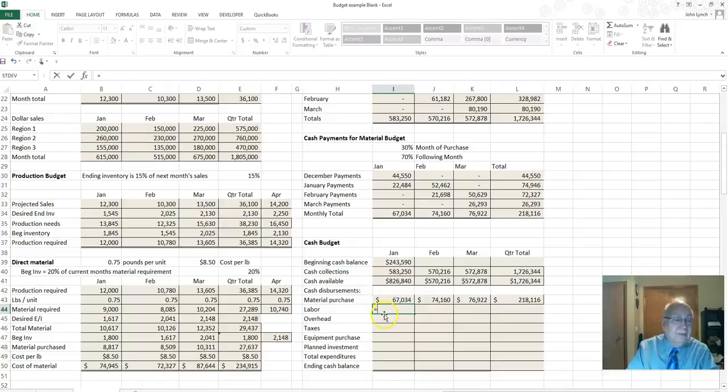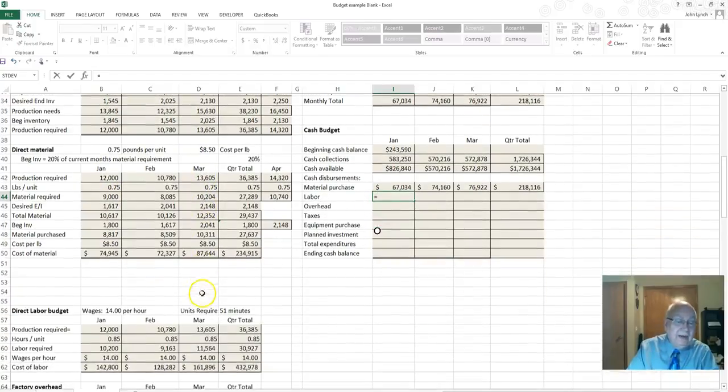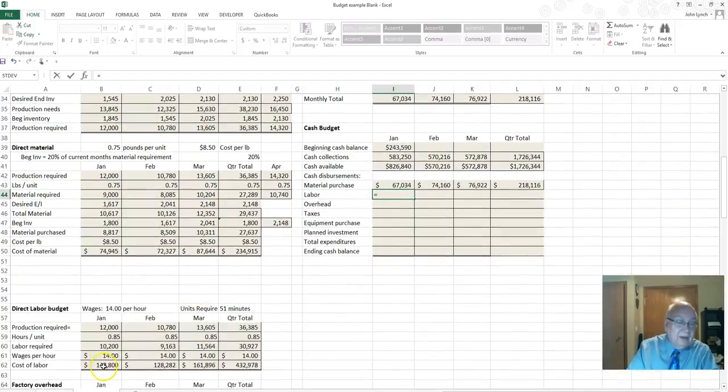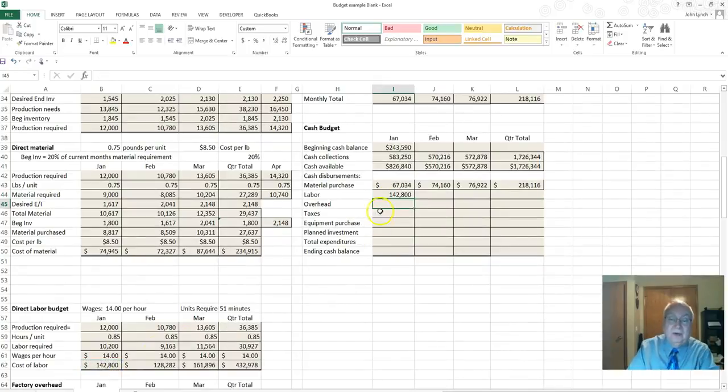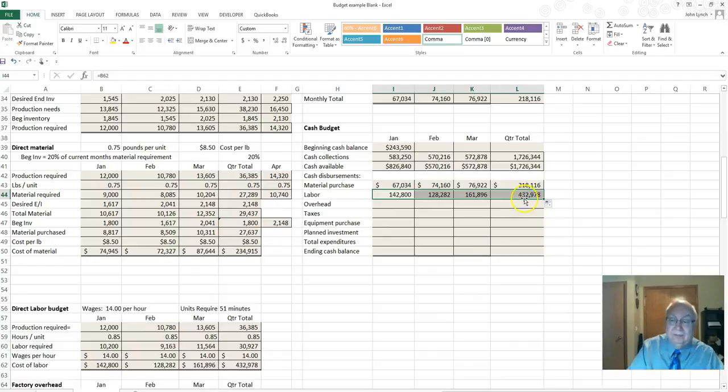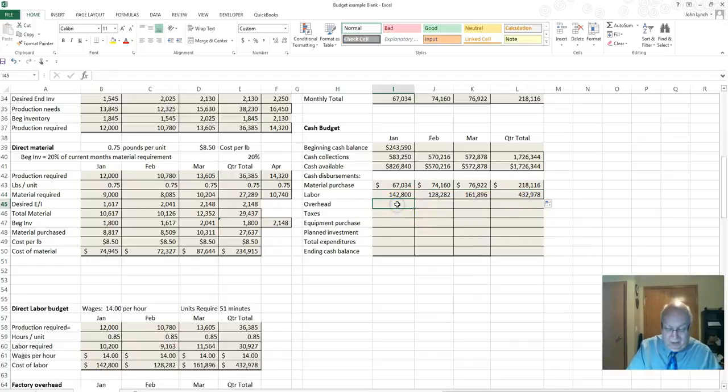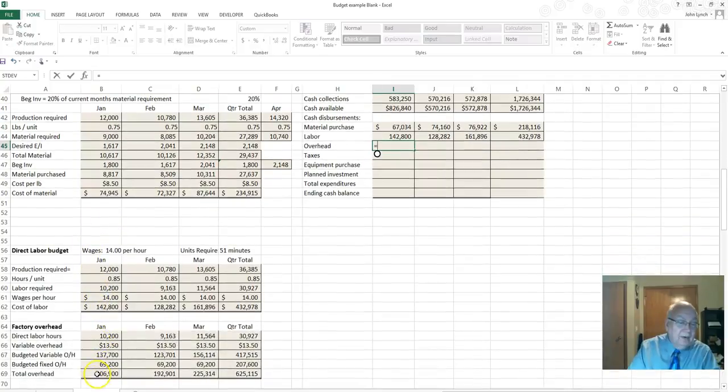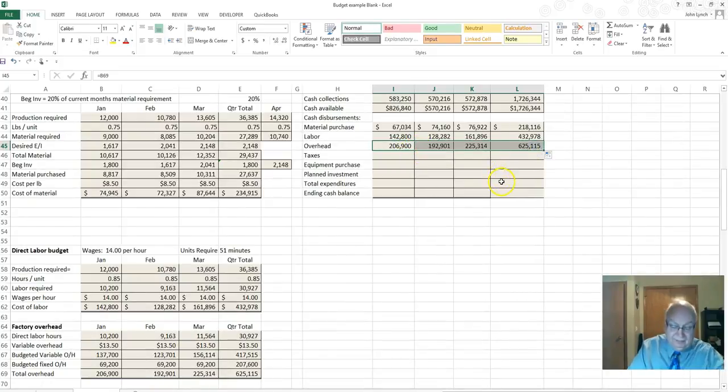Labor, we look at the labor budget down here, and that's the cost for January, so it's $142,800. We bring that total across. Overhead, this is from our overhead budget, and then we can bring that total across.